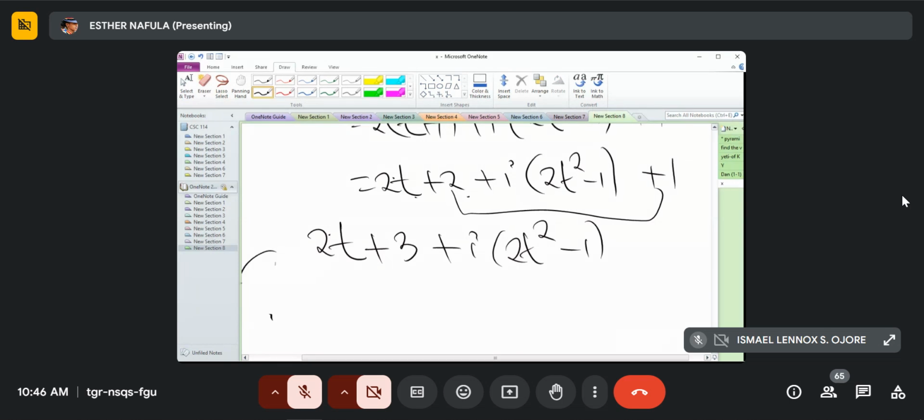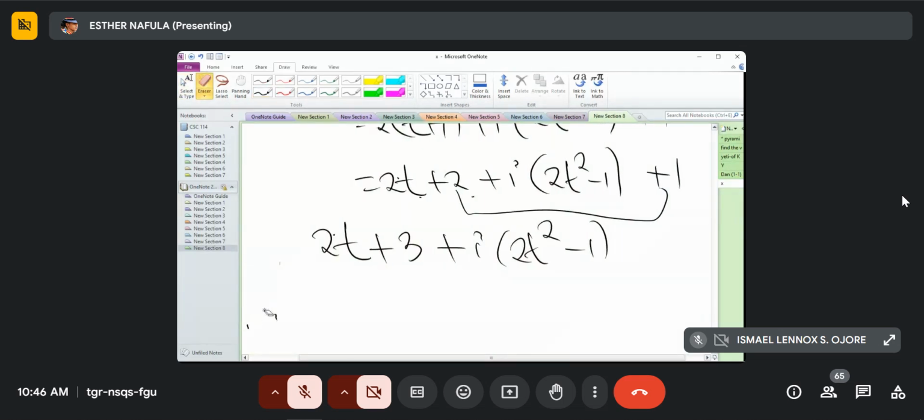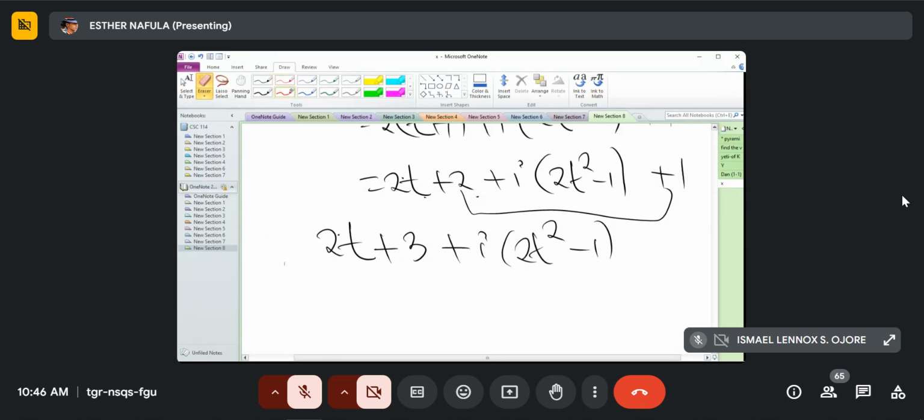So for this integral, we need the limits of t, because we're converting everything into the variable t and then performing the integration. What are the limits of t? x is t plus 1 implies t is x minus 1.